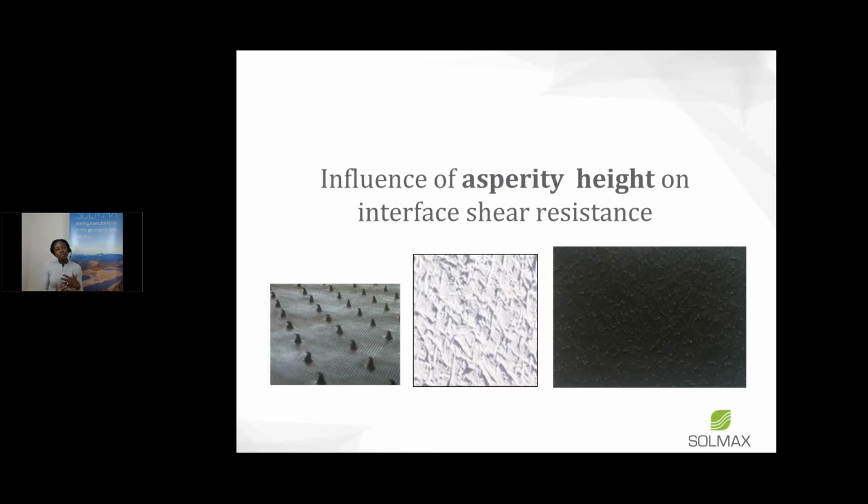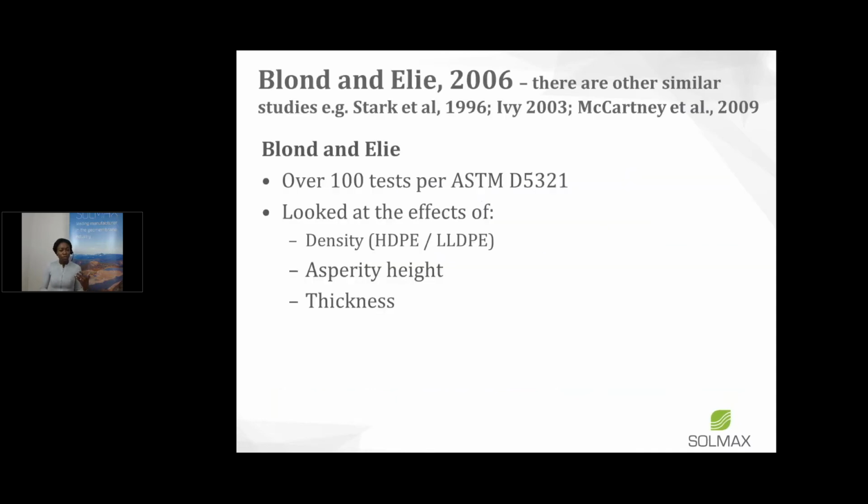So what is the influence of asperity height on interface shear resistance? That's the first aspect I want to look at. I'm going to be referencing the study by Blond and Elie 2006, primarily for this aspect. There are several other studies in the literature. There's one by Nathan Ivey 2003, there is Stark et al., there's McCartney, there are so many of them in the literature, but I'm going to be using the Blond and Elie study.